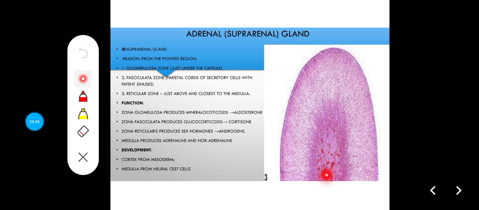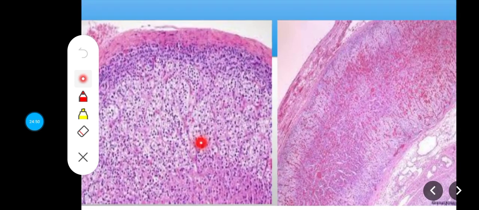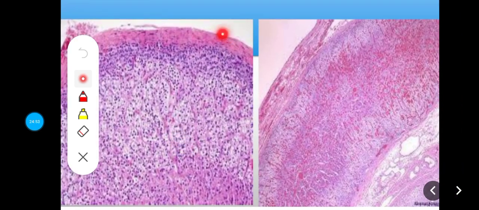So the adrenal gland is very easy to identify in histology. Look at this as well. Look at the clear cortex, and then the zona glomerulosa, which contains cells arranged in circular clumps.